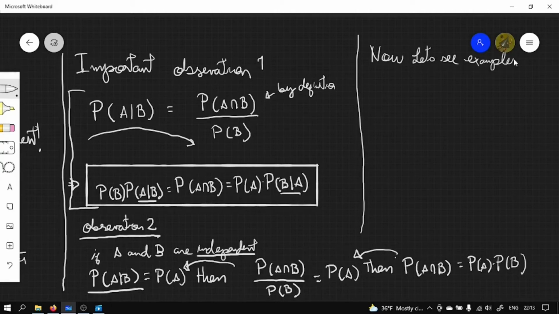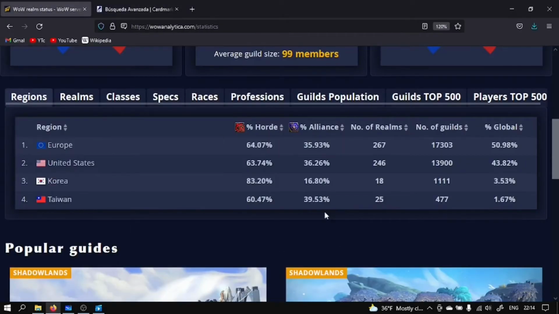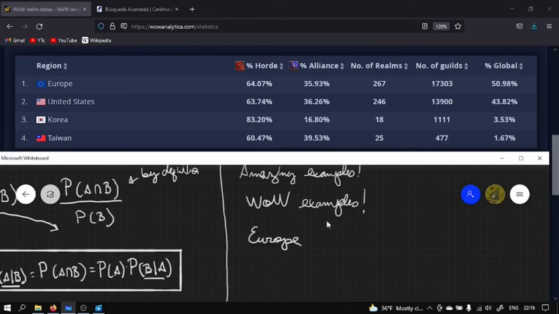Now we will see some examples. So an amazing example, or a WOW example. We will go to a different database, of World of Warcraft. Here, let's put all this in. We have the probability of being in Europe among the players of World of Warcraft, which is this one.